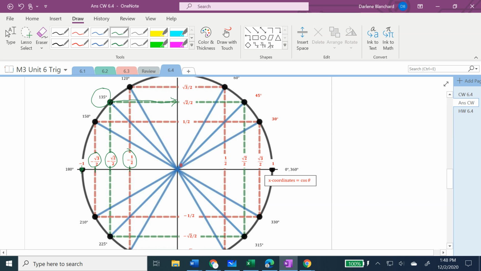The x-coordinate is negative root 2 over 2. But we're going to use those two factors to get the main answer? Yeah. And in fact, once you have sine and cosine, tomorrow I'm going to talk to you about how you get all the other 4 trig functions after that.